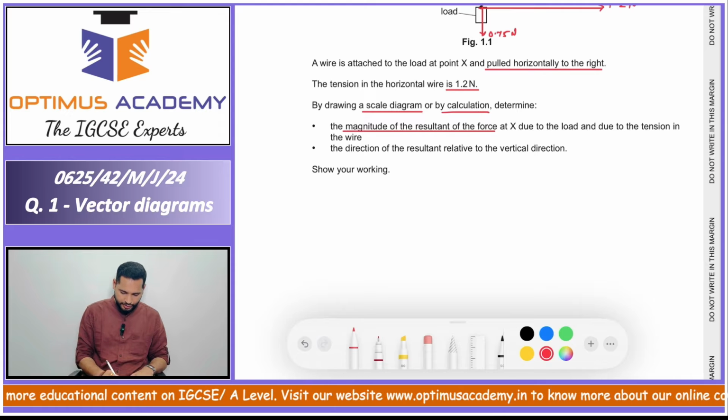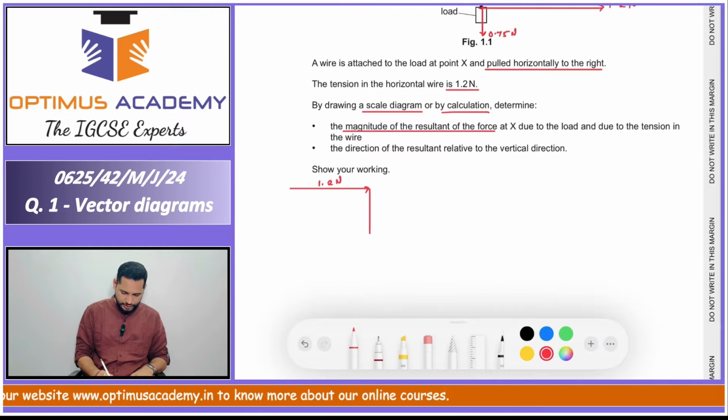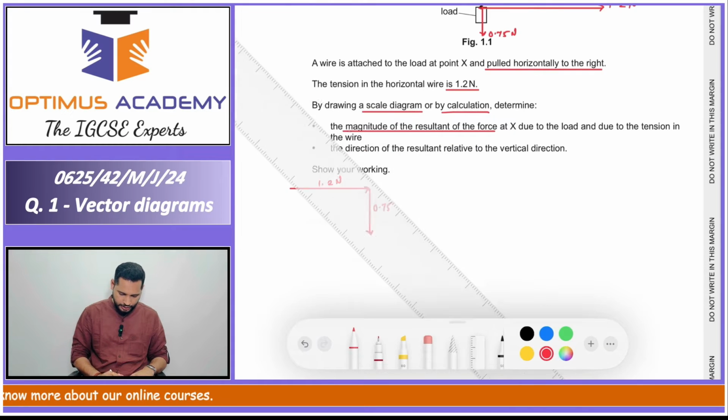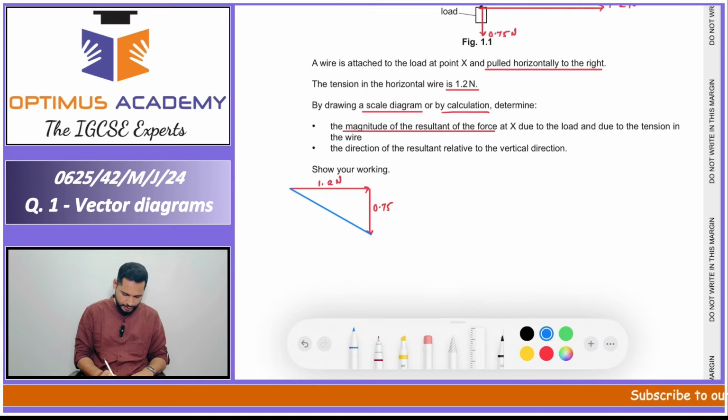We know that we have one force acting towards right side, that is 1.2 Newton, and we are having one force acting in downward direction, that is the weight of the block, which is 0.75 Newton. The resultant can be given as the third side of the triangle like this, and to find this side or the resultant, we can use Pythagoras theorem.